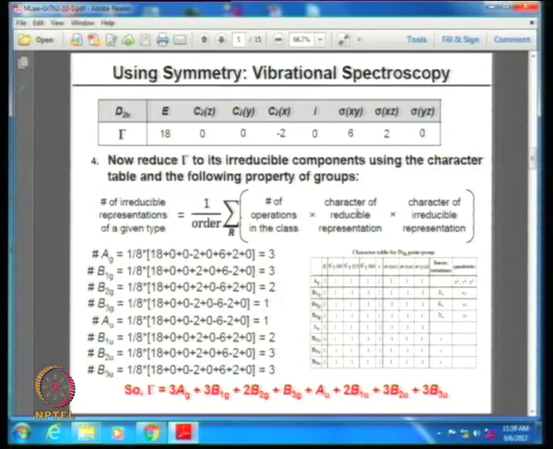So character of the reducible representation times the character of the irreducible representation in that class, and sum over the classes. This is our formula, right?